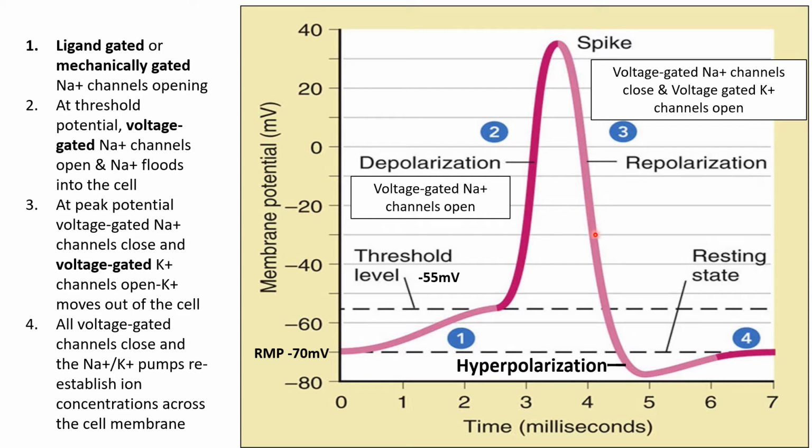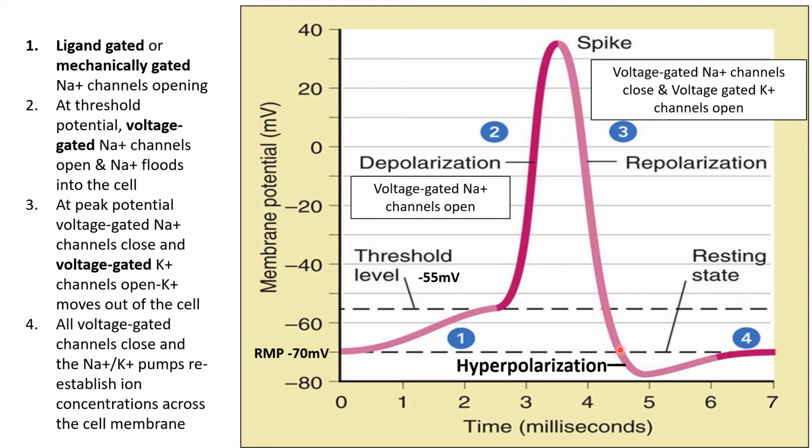The repolarization phase will continue, and we actually go into a phase called hyperpolarization, where the membrane potential becomes more negative than resting membrane potential. It can go all the way down to negative 90 millivolts. This is known as hyperpolarization. At this point, all voltage-gated channels will be closed, so voltage-gated sodium and potassium channels close. If you can imagine, when that occurs, all that sodium that flooded into the cell is now trapped inside the cell, and all of the potassium that flooded out of the cell very quickly is now trapped outside of the cell.